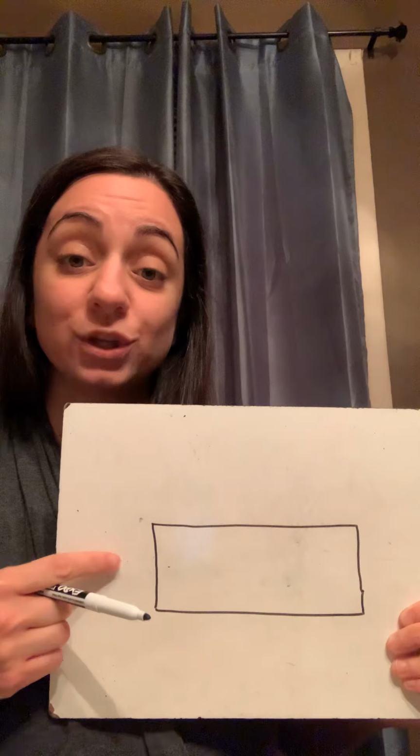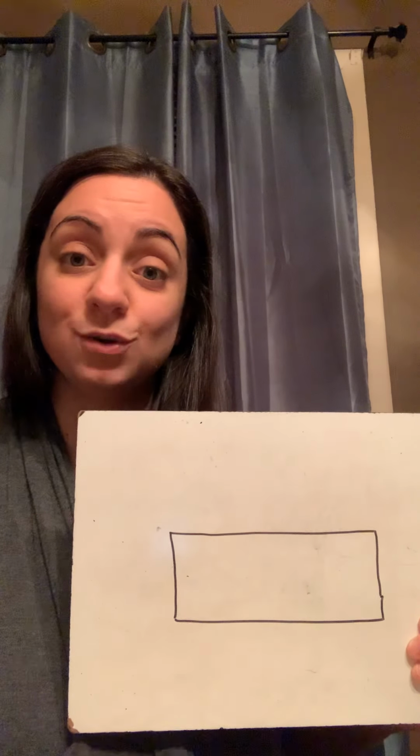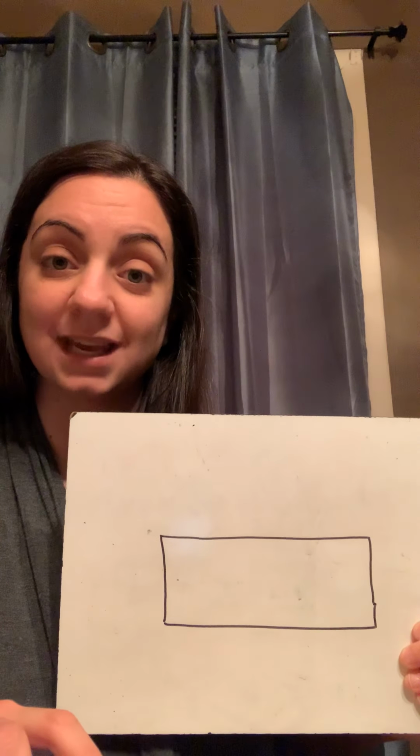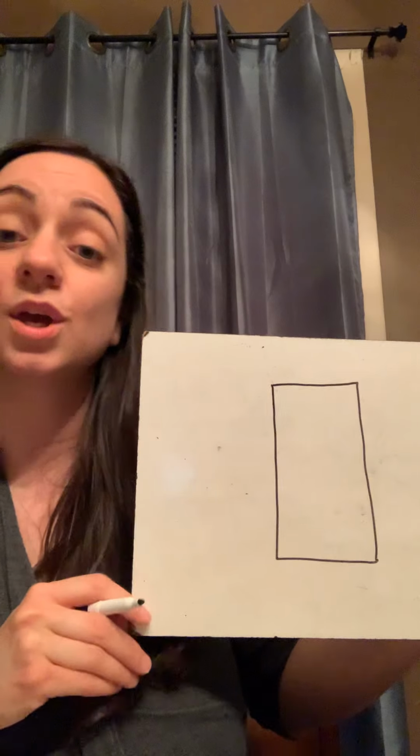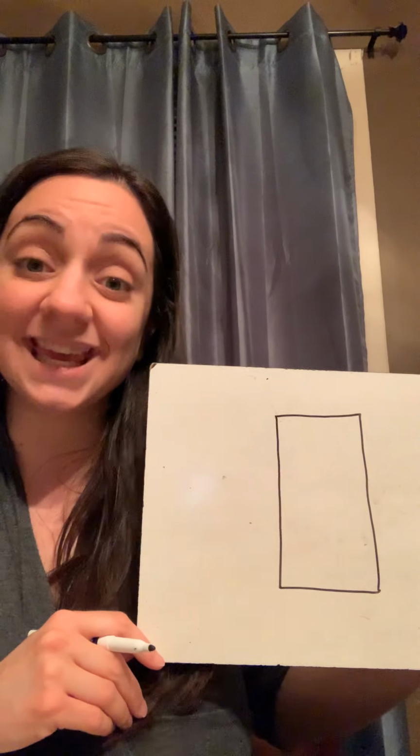So we know this one's a rectangle, but let me give you another one and see if that one's a rectangle too. Do you think this is a rectangle? It is. This is a rectangle too.